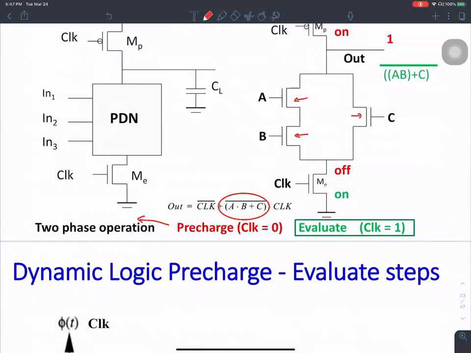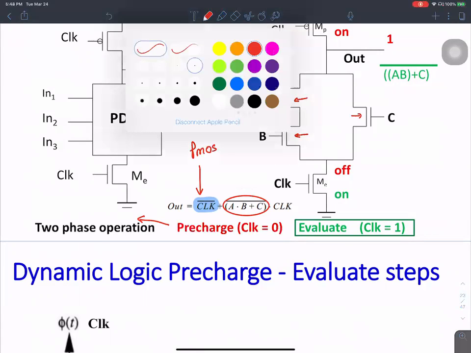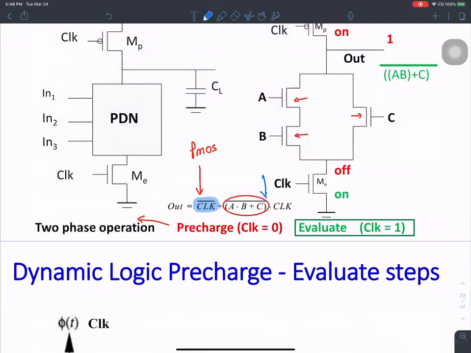Does that make sense? Yes, so it means that PMOS doesn't play a role over here. The role it plays is that it operates on the clock. Correct, this is the PMOS, and that's a very good question, actually. The rest is all implemented by the NMOS. The PMOS role is only to charge the output to VDD.